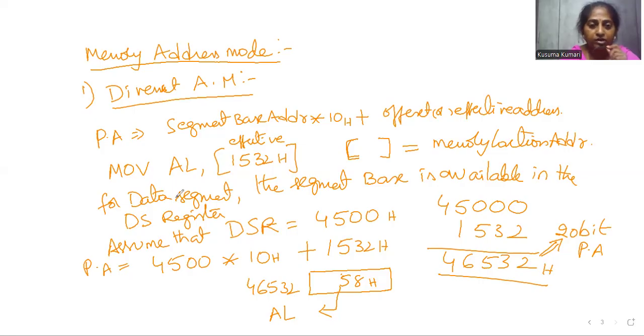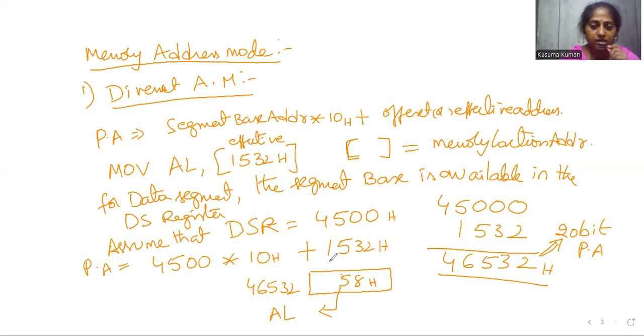Now for the data segment, what happens? The segment base is available in the data segment register. Assume that the data segment register contains 4500. Then how do we calculate the physical address? 4500, the segment base, into 10 hexa plus the effective address 1532. With this, the physical address is calculated.